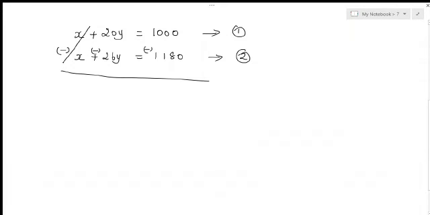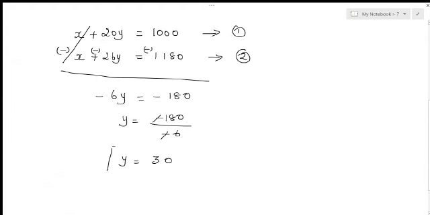Variable x gets eliminated. 20y minus 26y will give us minus 6y. 1000 minus 1180 will give us minus 180. So y is equal to minus 180 divided by minus 6. Minus and minus will get cancelled. 6 ones are 6 and 6 30s are 180. So y is equal to 30.